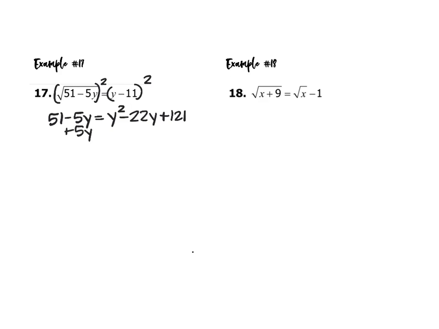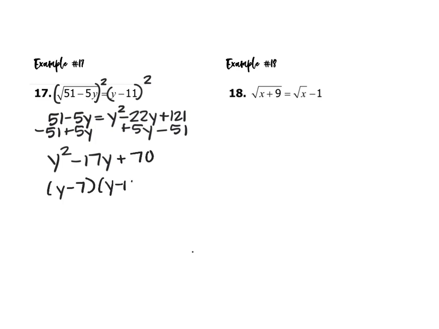So add 5y and subtract 51. So I get y squared minus 17y plus 70. And that's going to be y minus 7, y minus 10.